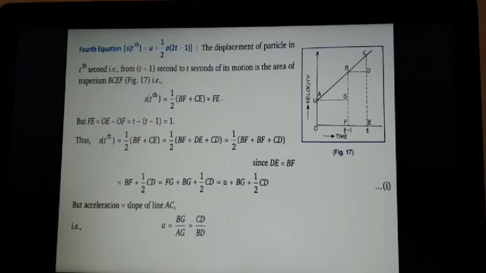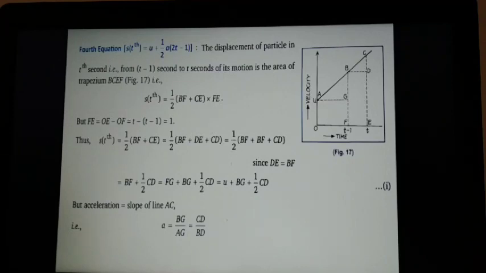When you take half into the bracket, that results in BF plus half into CD, which is equal to FG plus BG plus half CD, since BF is FG plus BG.